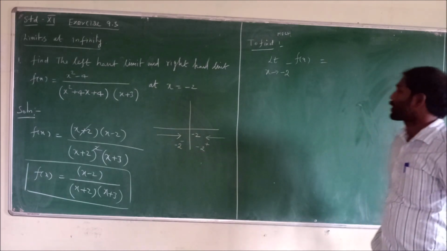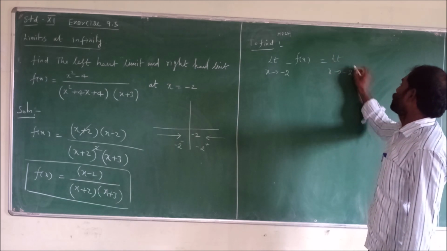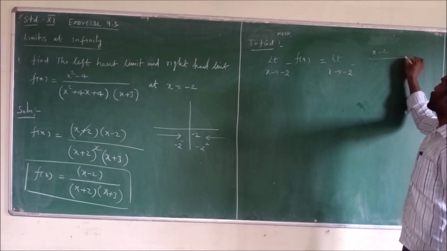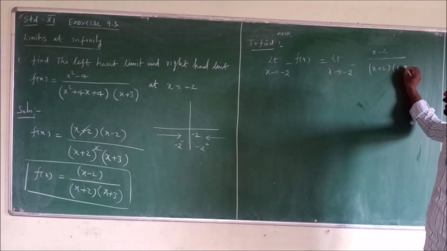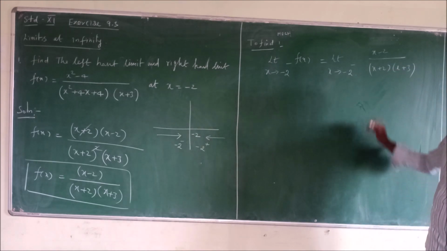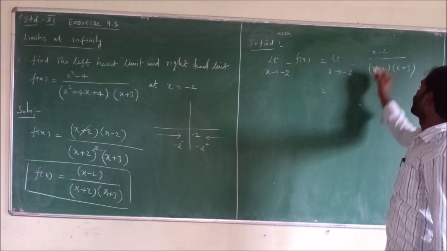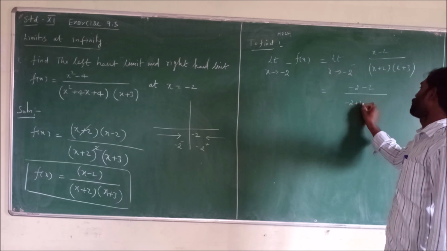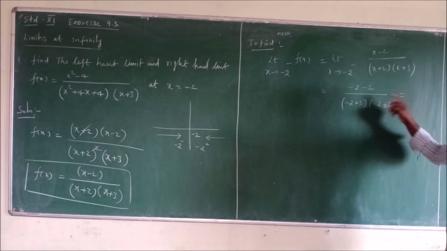The limit as x tends to minus 2 minus of f of x is (x minus 2) by (x plus 2) into (x plus 3). Then replace x by minus 2 everywhere: (minus 2 minus 2) divided by (minus 2 plus 2) into (minus 2 plus 3).